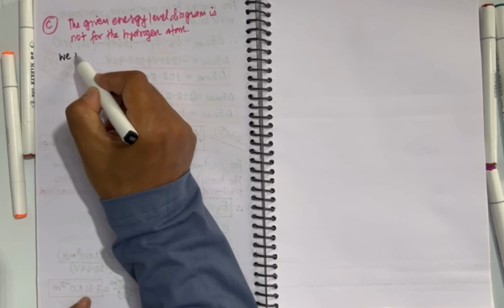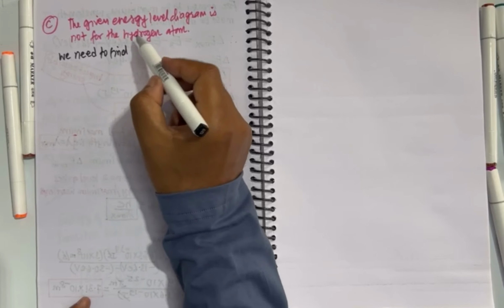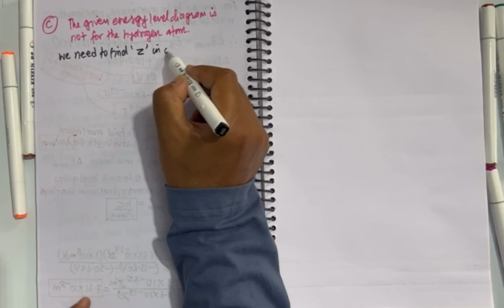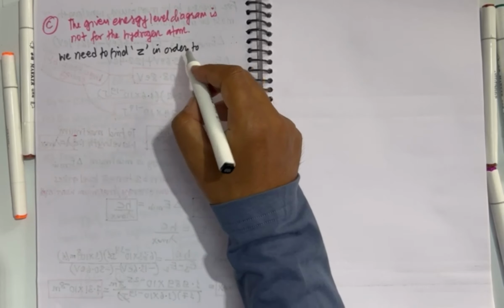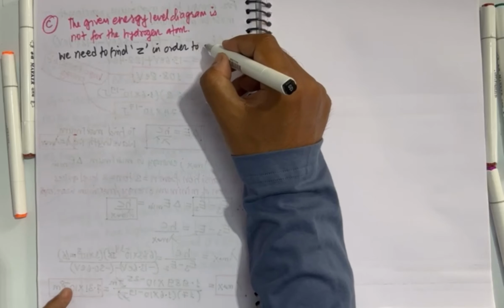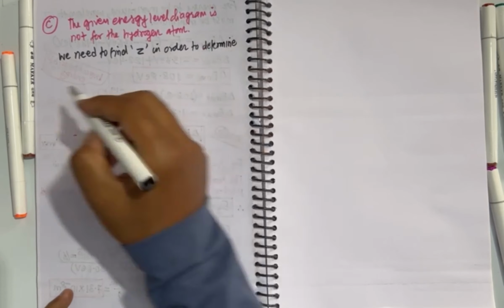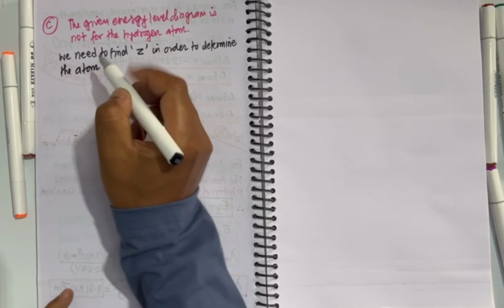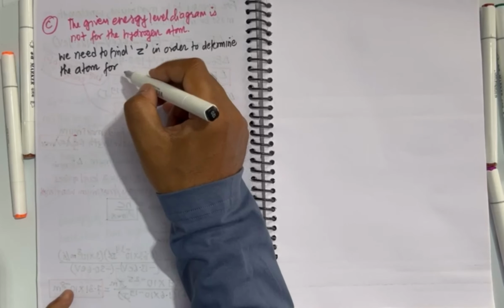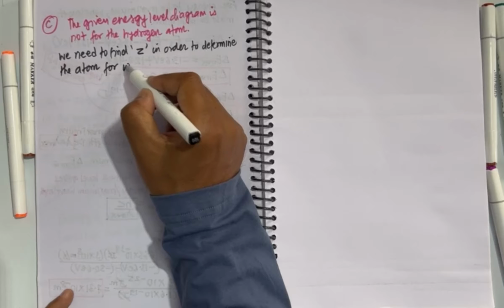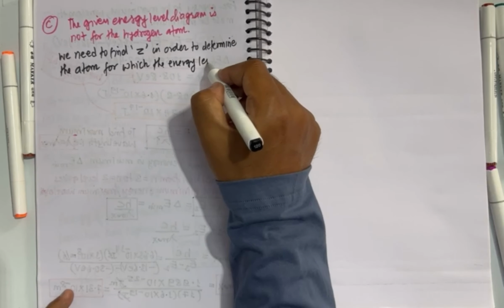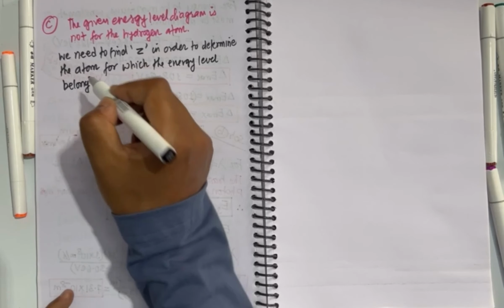What we need to do is find Z, that is the atomic number, in order to determine the atom to which the energy level belongs.